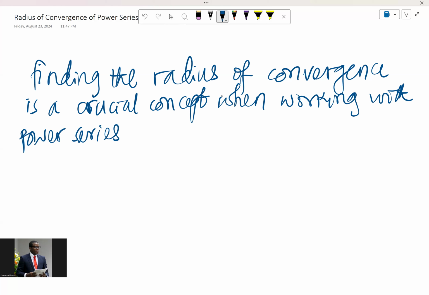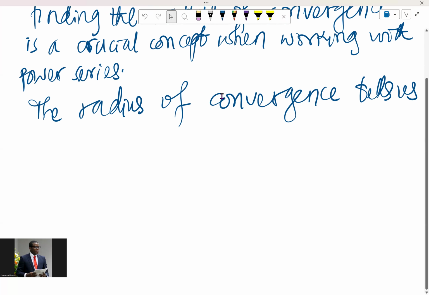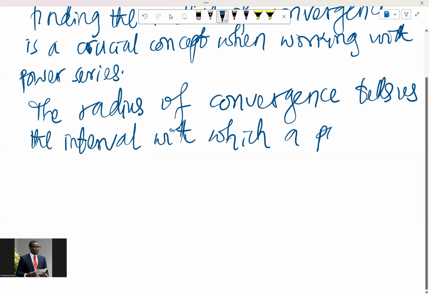Radius of convergence is really important here. The radius of convergence tells us the interval within which a power series converges.